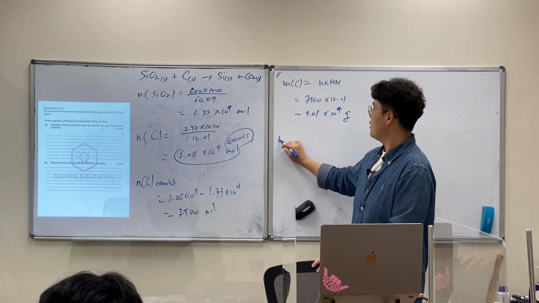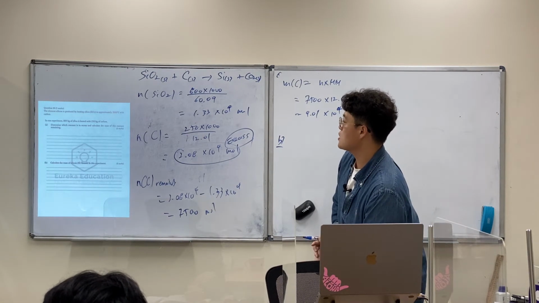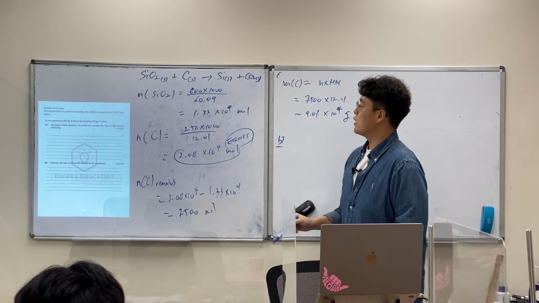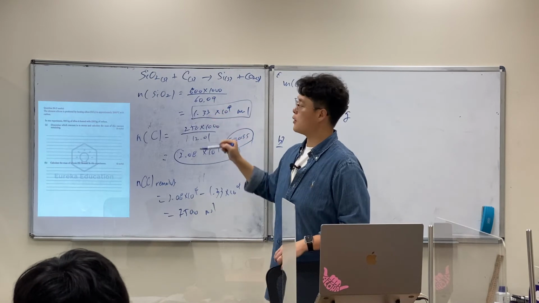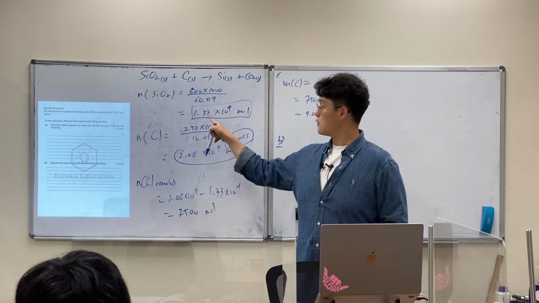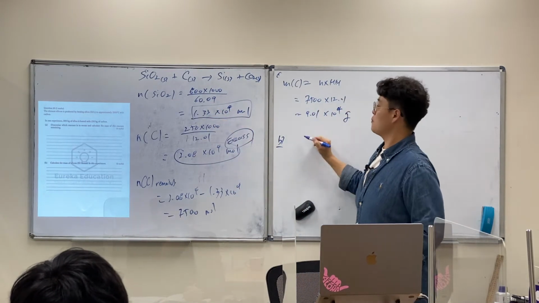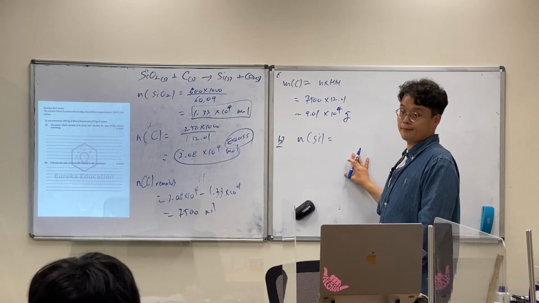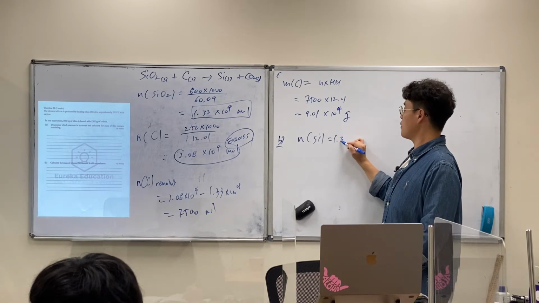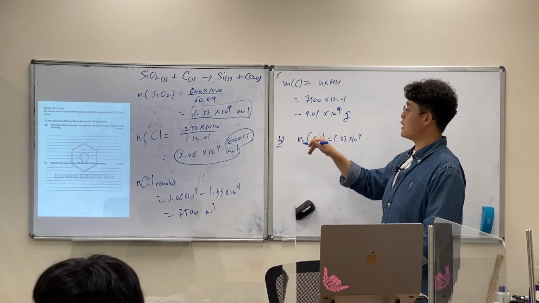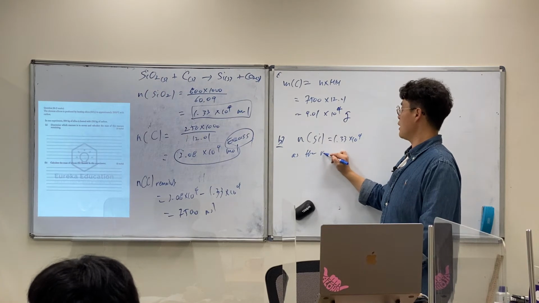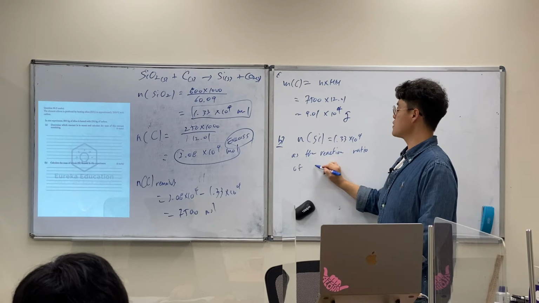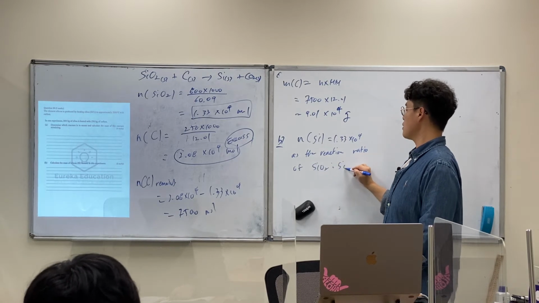B, calculate the mass of silicon formed in this experiment. Chongmin, if silica is our limiting reactant, what would be the number of moles of silicon then? The same, which is 1.33 times 10 to the power 4, as the reaction ratio of silica to silicon is 1 to 1.